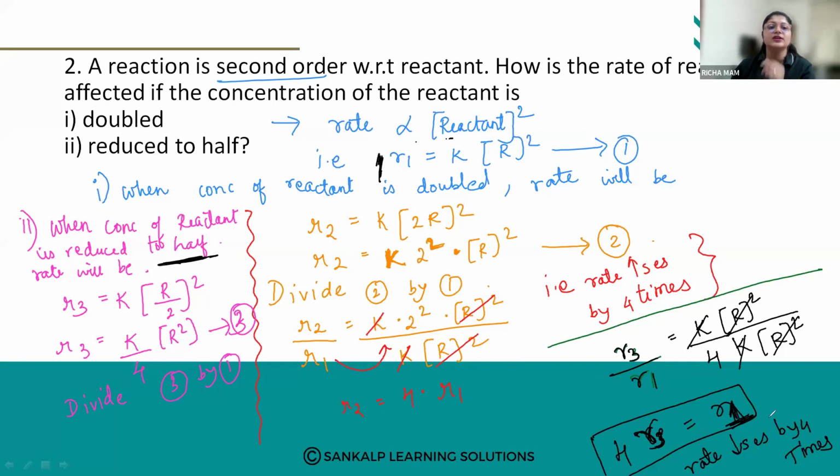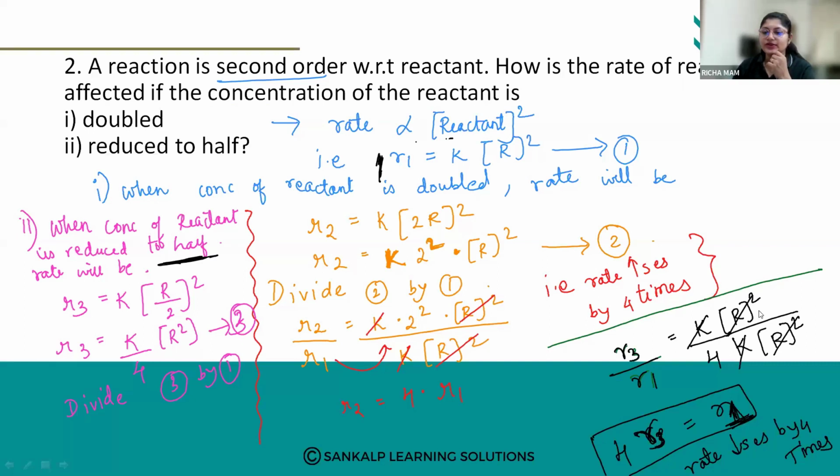So this is how the rate of the reaction is affected if the concentration of the reactant is doubled or reduced to half. Okay, is it clear? Very important. So like this, the question can be given, how the rate is affected. So like this, the question will be given.